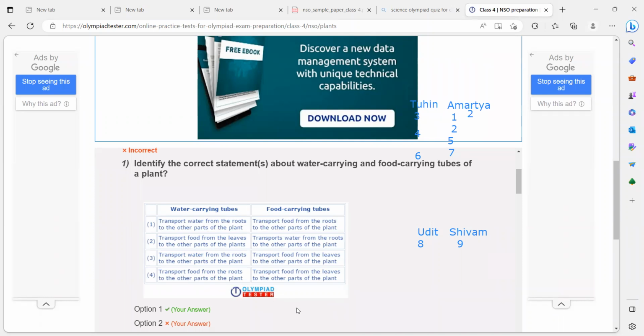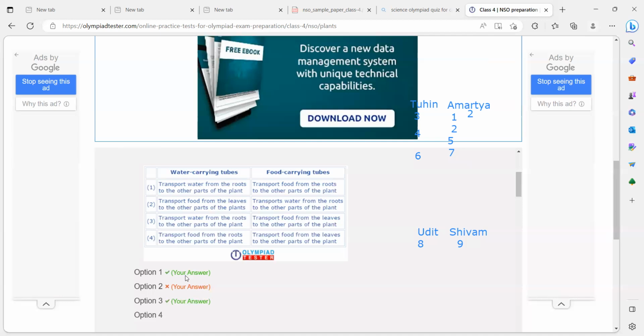You told me 1, 2 and 3. So 1 and 3 are correct, but 2 is wrong. Okay, 4 means transport water from roots to the other parts of the plant. The water carrying tubes transport water from the roots to the other parts of the plant. Other parts of the plant means leaves, buds, flowers. Is it clear? It's the same, the repetition of option number 1. Is it clear, Udit?